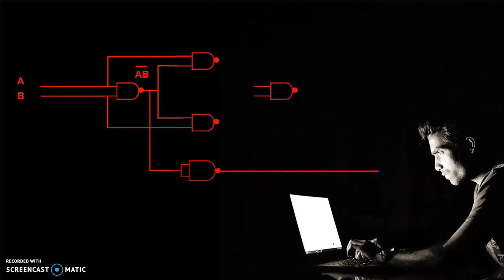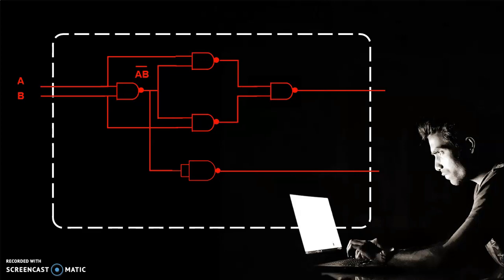Because we use only NAND gates, at the output also we require one more NAND gate, and that output is the sum. As we know, it is A bar B plus A B bar, and for carry it is A dot B. So this way, with the help of only NAND gates, we can implement the same logic circuit.